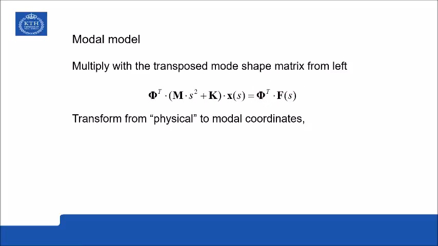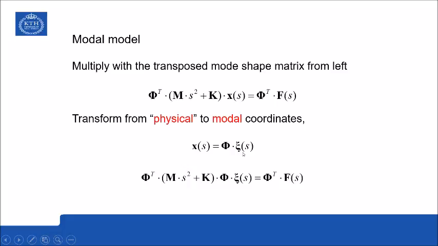Okay, so then we can transform from physical to modal coordinates. That is, we can change the physical space x to a modal space with modal coordinates. We do that by introducing a new set of modal coordinates, xi, by this transformation. The relationship between the physical coordinates x and the modal coordinates xi is this mode shape matrix. So we simply replace x here with phi xi, and we obtain this relationship.